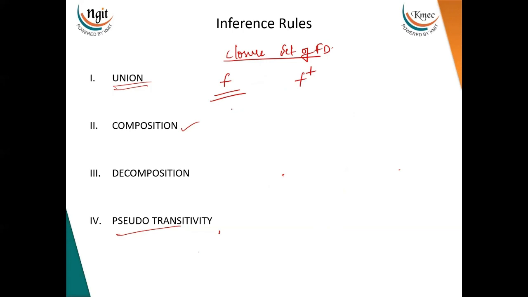I'm going to take an example to help you understand what closure set of functional dependency is. We have a relation, say R, with a set of attributes, say A, B, C, G, H, I. And we have a functional dependency set F, which contains several functional dependencies.